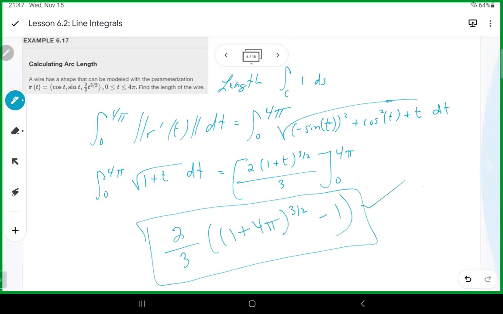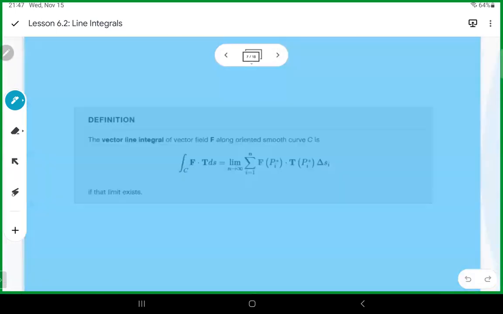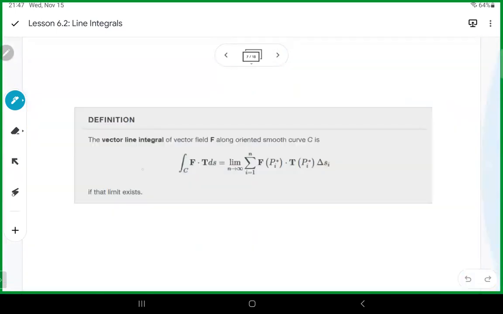And now you guys can see why everything was building up to this. All right, so we got this definition you guys need to write down.